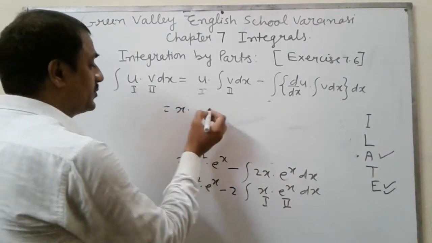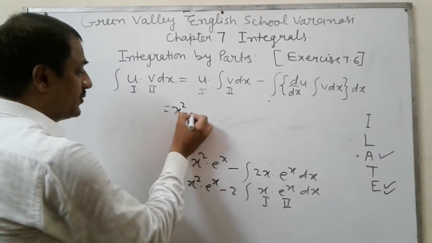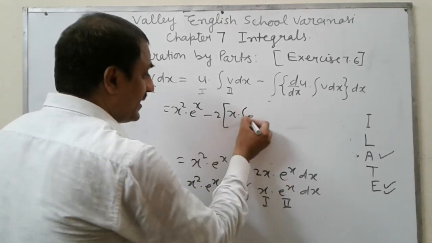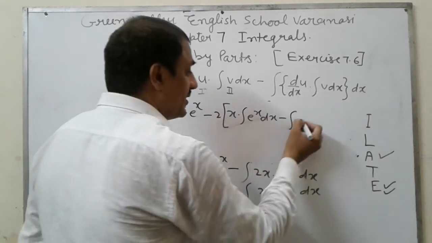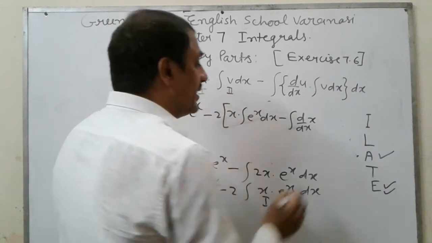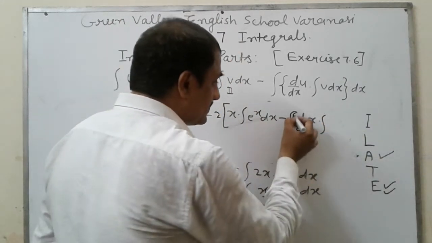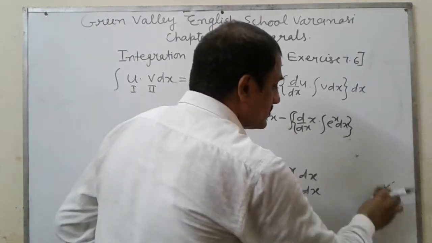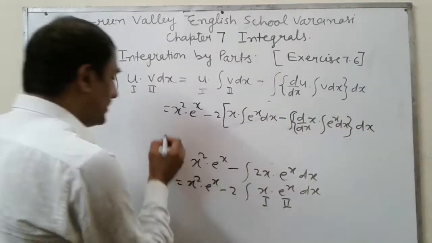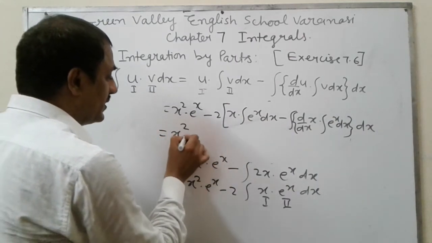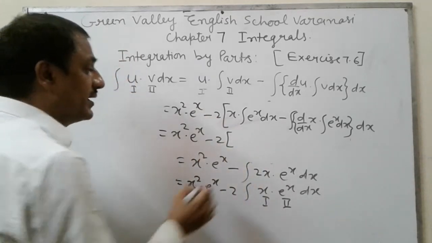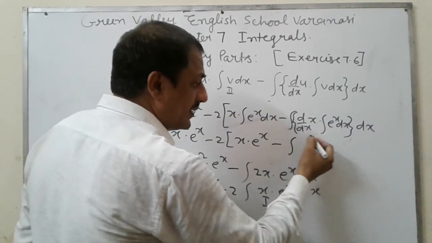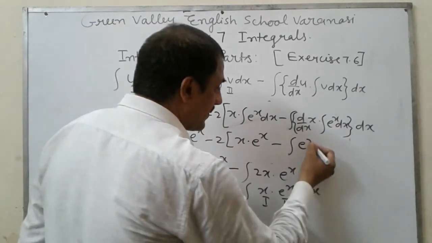Here x square into e power x minus 2 times x into the integration of e power x dx, minus the differentiation of the first function into the integration of the second function e power x dx. Now x square into e power x minus 2 times, x into e power x minus the differentiation of x, which is 1, into the integration of e power x dx.